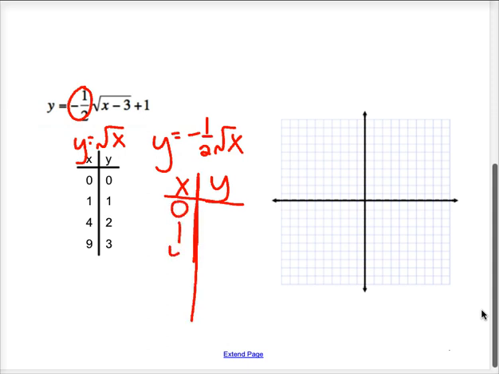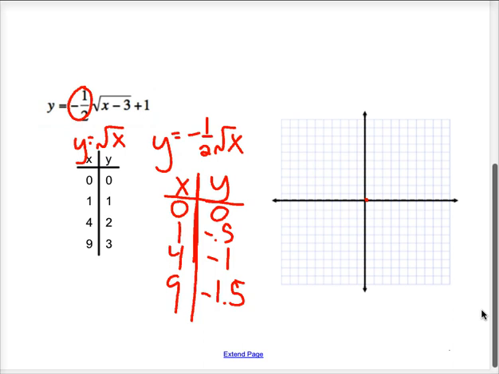And what that stretch does is it influences all of the y values. Okay, so I take every y value in that table and I multiply it by that negative 0.5. So let's see what we've got. We've got 0, 0.